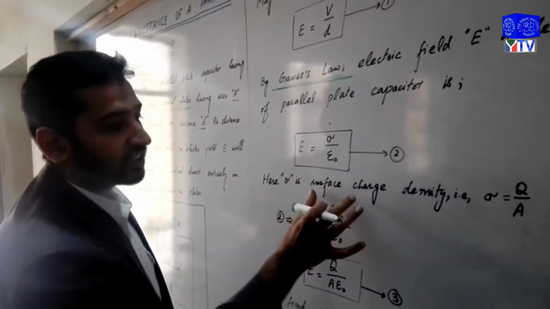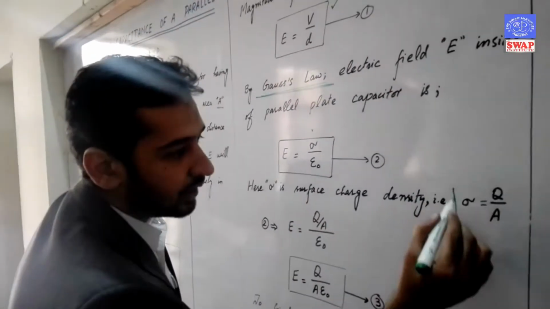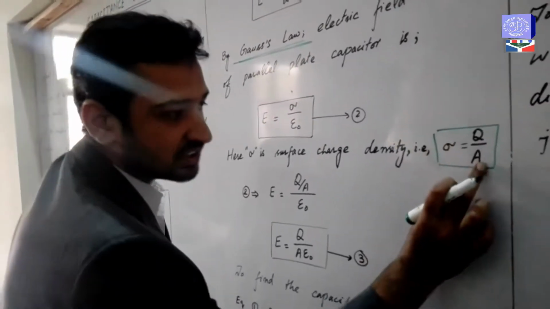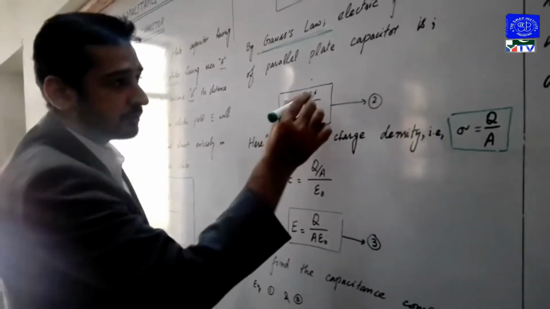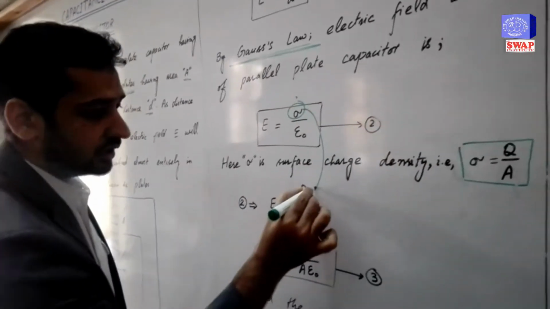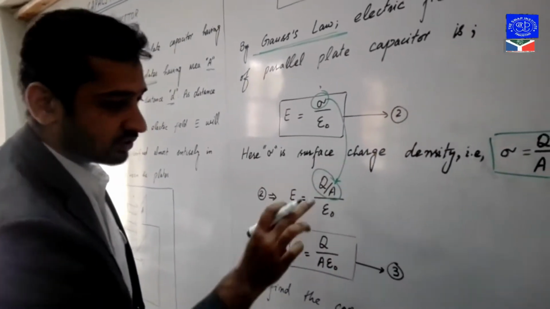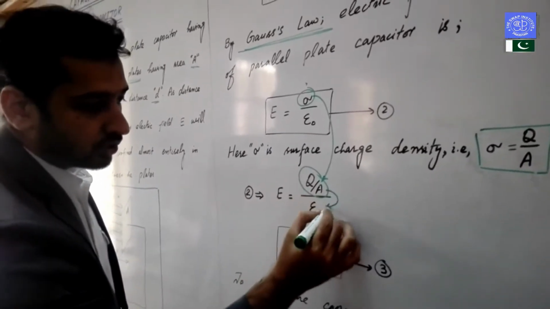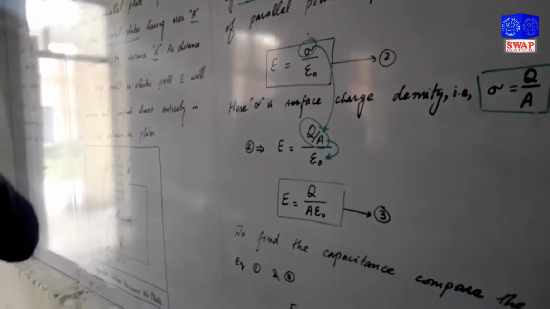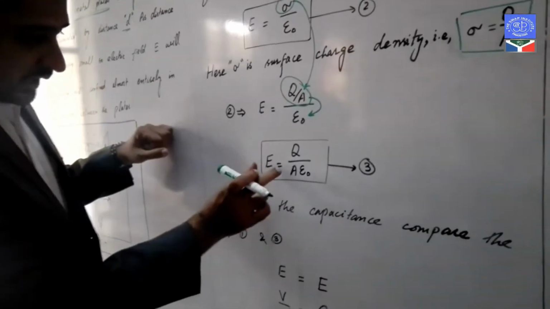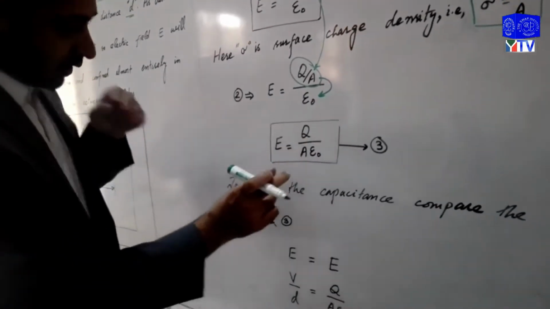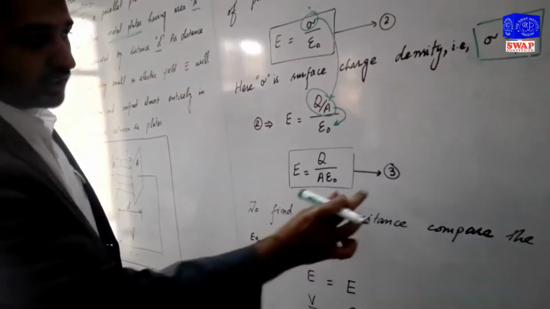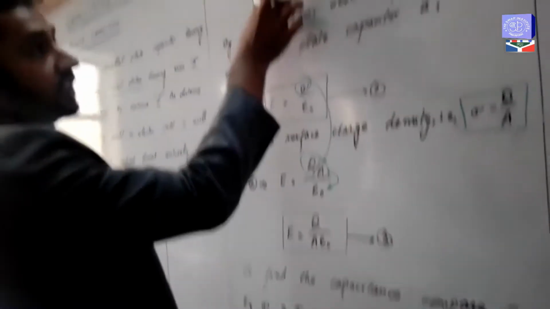Here sigma is the surface charge density, the charge per unit area. So by putting this in this equation we will get Q over A over epsilon naught, and this A will move to the denominator and we will get E is equal to Q over A epsilon naught. This one is the third equation and this one is the first equation.